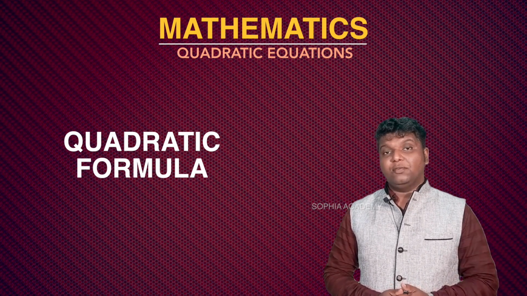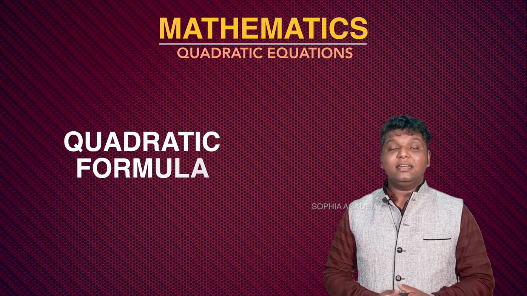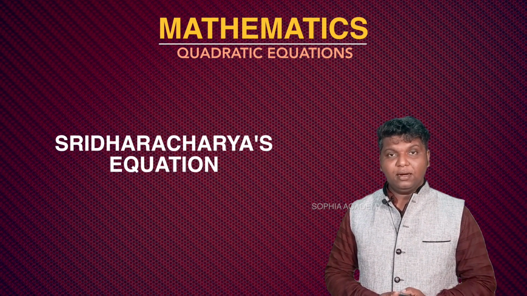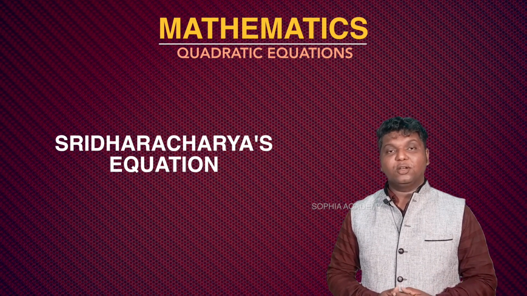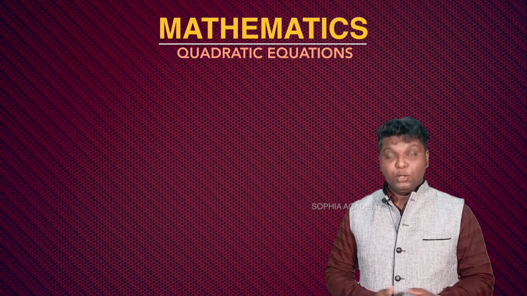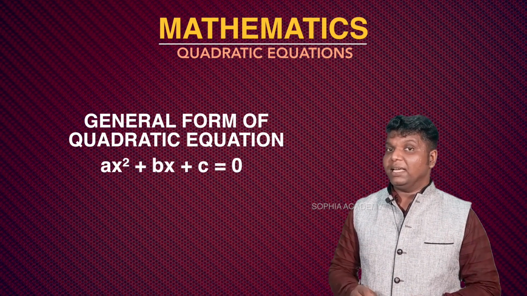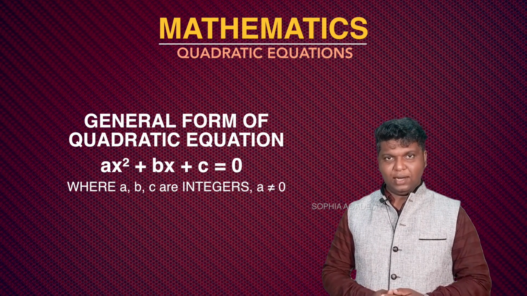In the introduction part of this chapter, we discussed a quadratic formula. There I told you the Indian mathematician Sridharacharya formulated a particular formula to get the solution for the quadratic equation. You know that the general form of a quadratic equation is ax square plus bx plus c is equal to 0, where a is not equal to 0, right?